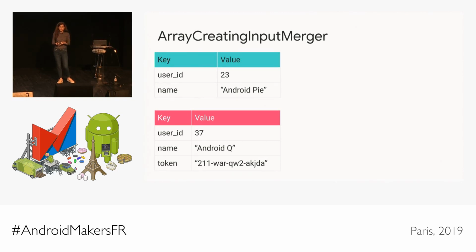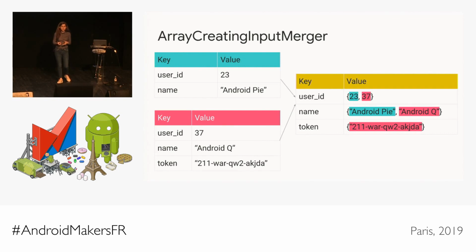What happens when we apply this strategy is that we get a result that will combine the key values from the other two tasks and create some arrays. So for the user ID, it creates an array of ints. For the name, it will create an array of strings. And for the token, it will create a one-size array of strings.